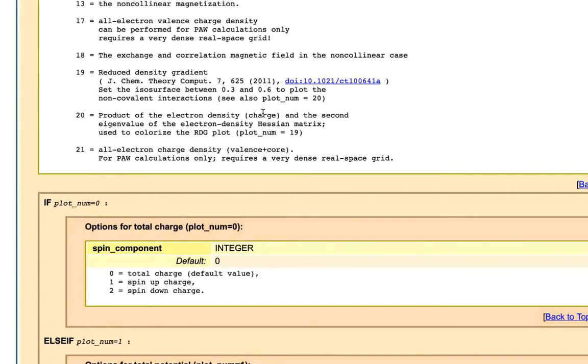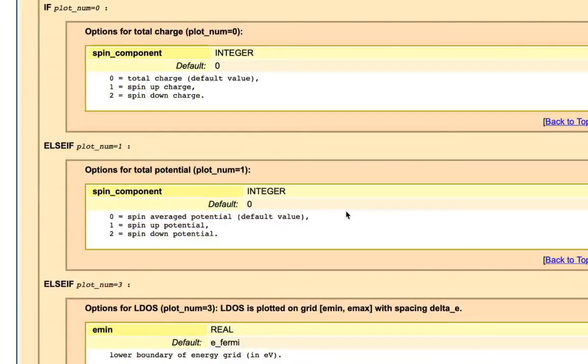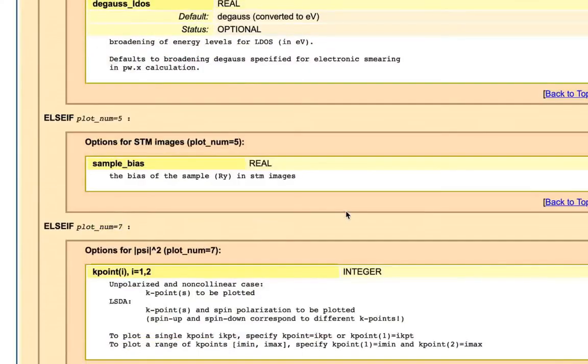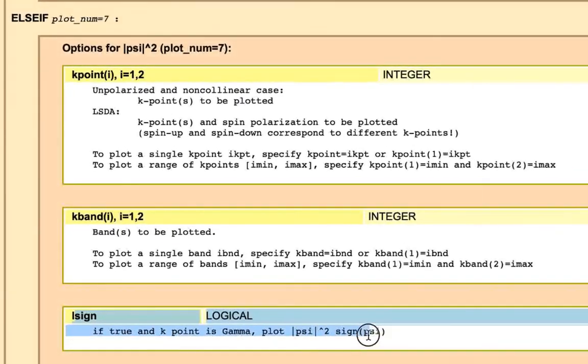So you need to square them, and then you only get a positive number, and you cannot get any sign from it. But if you are using the gamma point, then you can specify lsign equal to true, and then you will essentially plot psi squared multiplied by the sign of the molecular orbital. In the case of complex molecular orbitals, there is no sign, because there is a real part and an imaginary part, so it gets complicated, and you just get psi squared. I guess that is enough information for now.